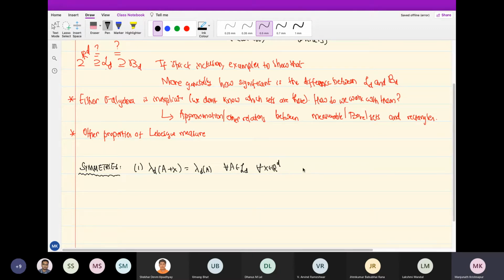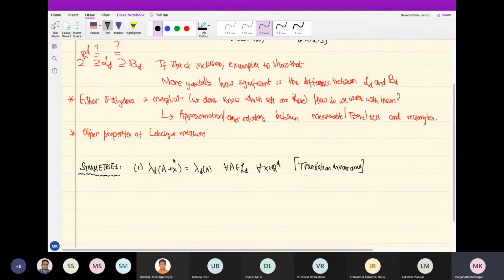This is called translation invariance. Meaning, if you take a set and move it, just slide it along a direction x to some distance, then it will not change its volume. So this is translation invariance.